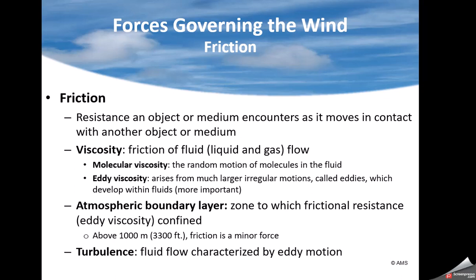Now all of a sudden it's hitting mountain ranges or very hilly terrain. That air is going to slow because of friction. There's even friction high up in the atmosphere as well. It's just different, called eddy viscosity or turbulence. Turbulence is just fluid flow characterized by eddy motion, so they form eddies.